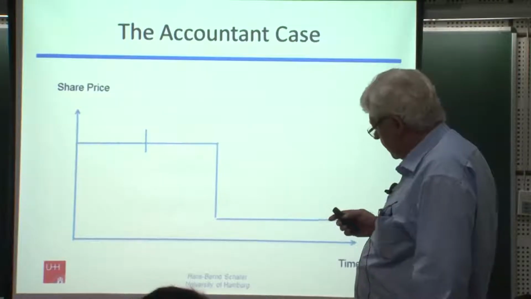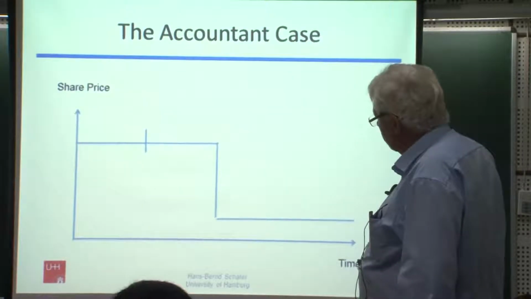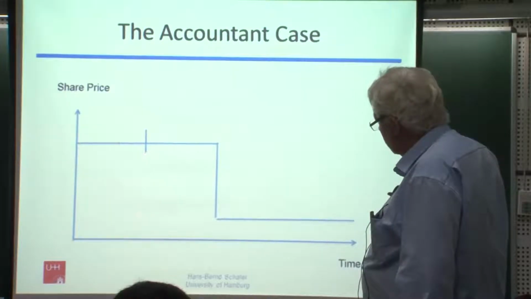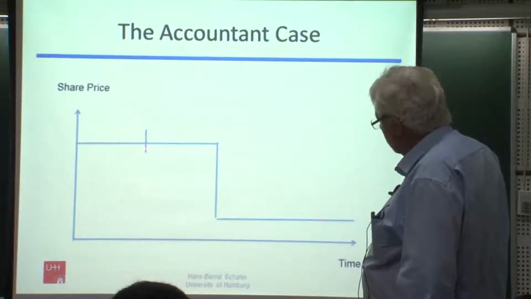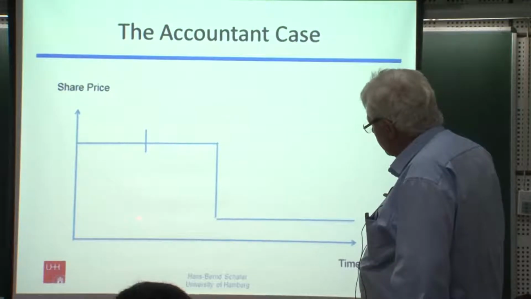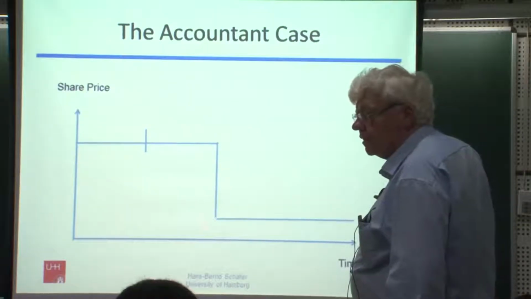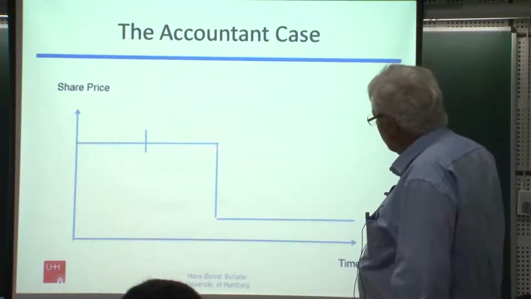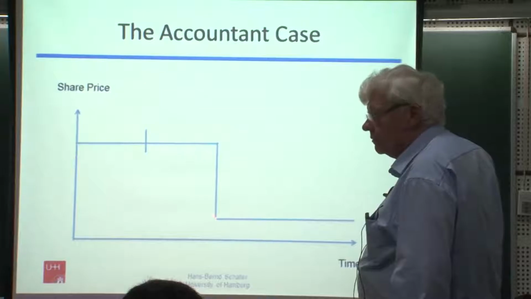If the public would have been given the right information at this point of time here, then at this point of time, the share prices would have dropped to this level, right? But now the share prices remain high and they drop at this level.